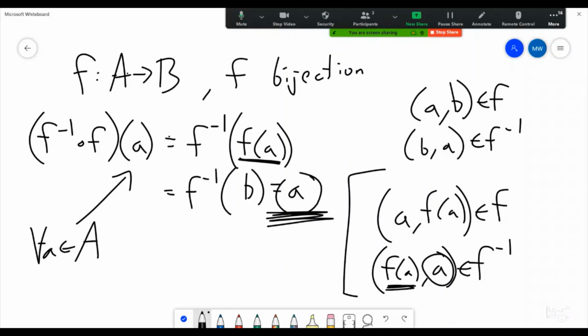So it always gives the same output as the identity. The only thing that we have left is to show it has the same domain and codomain. So f inverse of f, well, it goes from A to B and then back to A, so it's just a function from A to A. So it has the same domain and the same codomain, and it matches the same output every time.